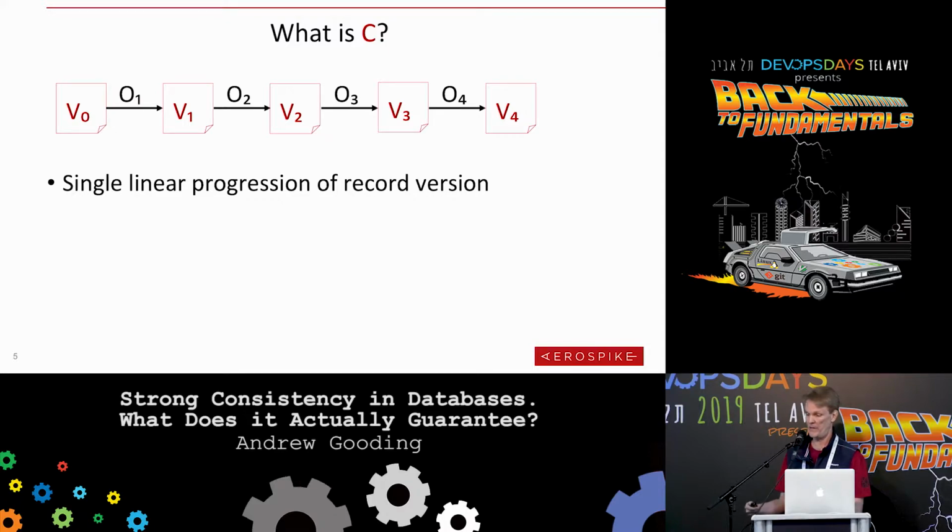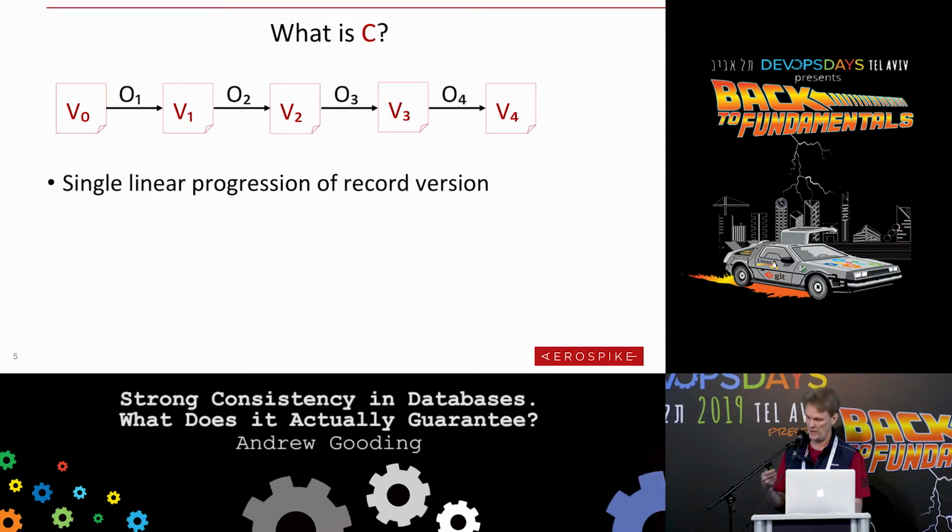And that may sound kind of obvious and trivial, like, isn't that what all databases do? And it turns out no. In distributed systems, it's not actually a given or trivial that this happens, but this is one half of the definition of strong consistency. So I drew a string of versions there with operations.